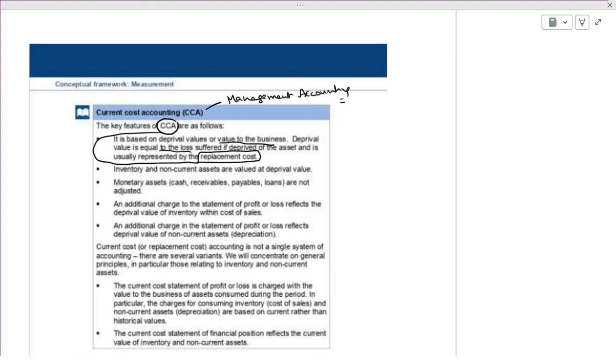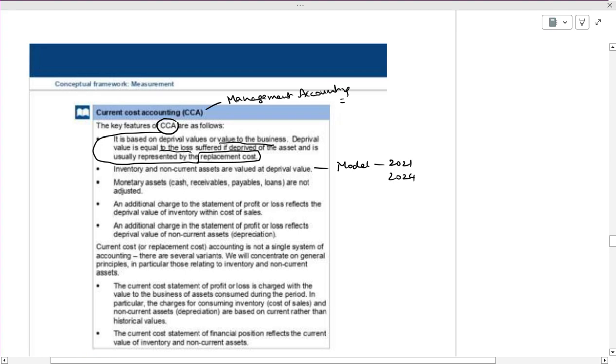Where will the values decrease? Inventory. The outdated inventory, old inventory, the value will decrease. If you have a car model of 2021 and you have the car model of 2024, definitely the 2021 model value will be less. They will decrease the price and sell.